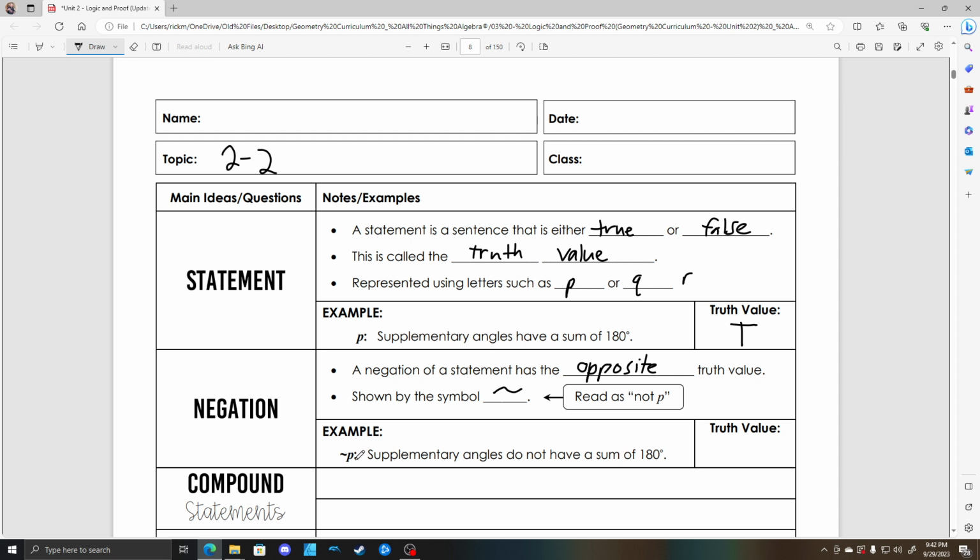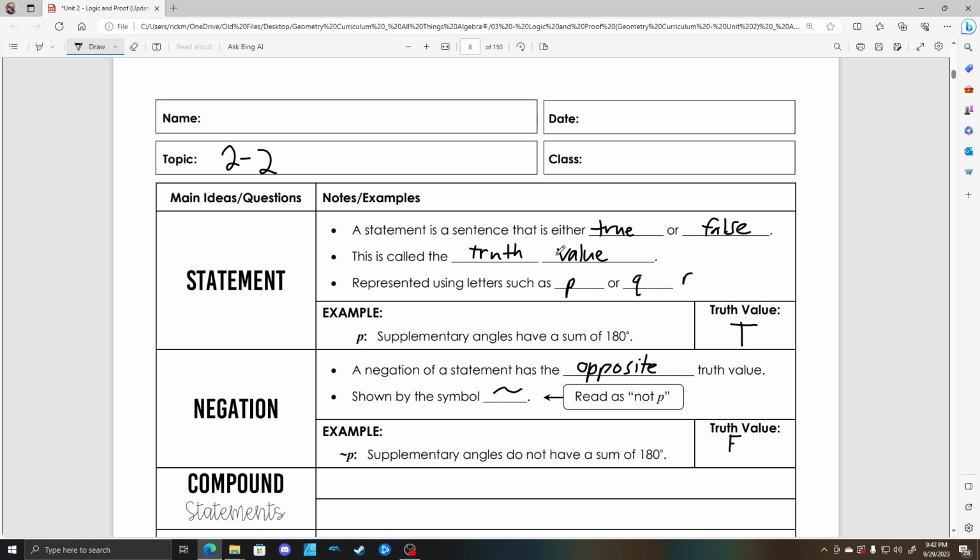So if we look at this example, you'll see that it says the opposite of P. And remember that P was supplementary angles have a sum of 180 degrees. So the opposite is supplementary angles do not have a sum of 180 degrees. And is this true? Well, we know that this is absolutely not true. Therefore, it is false.